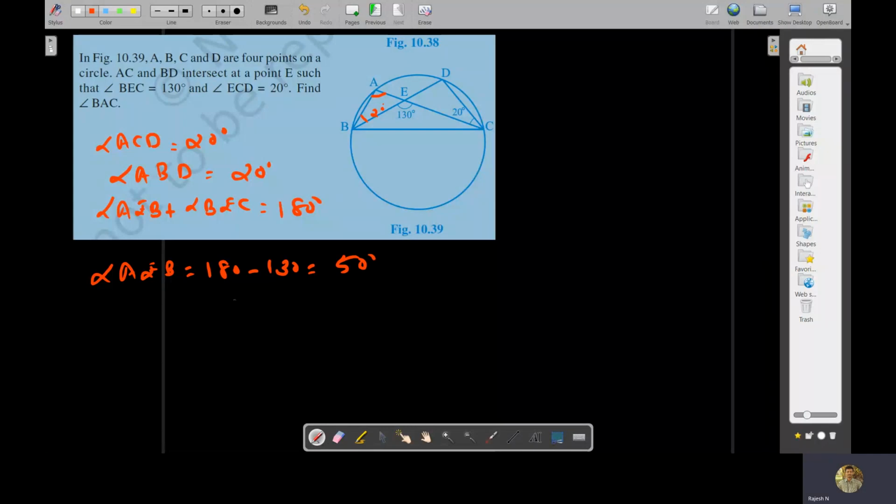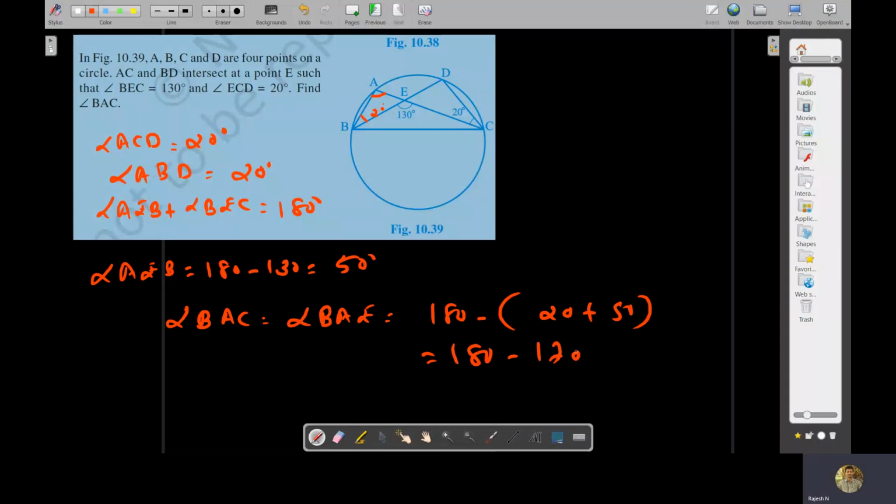Angle AEB is 50 degree. You have to find out angle BAC. Angle BAC means angle BAE. So 180 minus 20 plus 50. So 180 minus 70. 180 minus 70 is what? 110 degree. Okay. That's it.